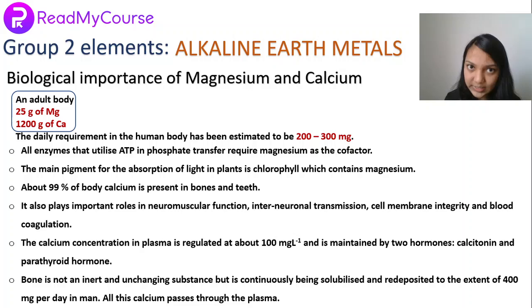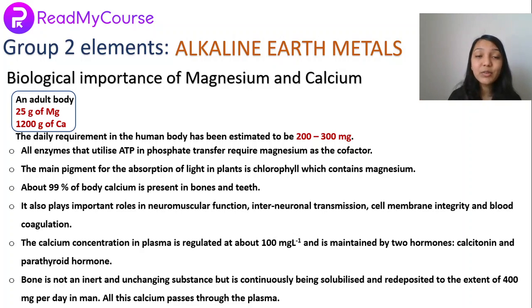And interestingly, calcium is mainly present in the bone and teeth, right? We think that bone is inert, right? It's not reactive, it doesn't corrode or anything like that, right? No, bone is not inert and it's not an unchanging substance, but it is continuously being solubilized, and it is redeposited to an extent of 400 mg per day in any man.